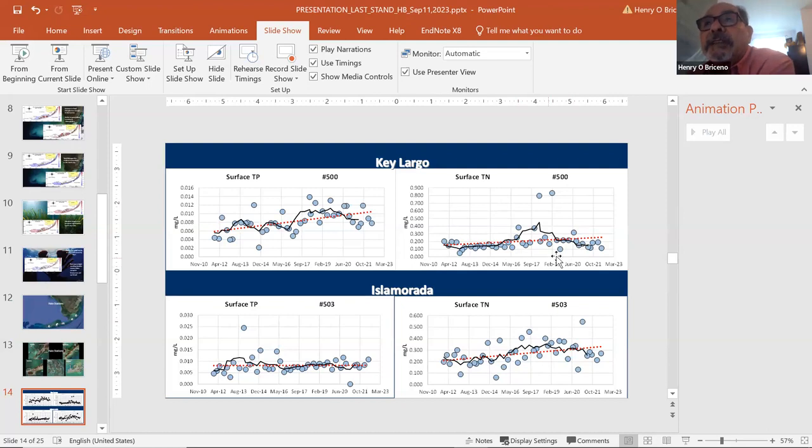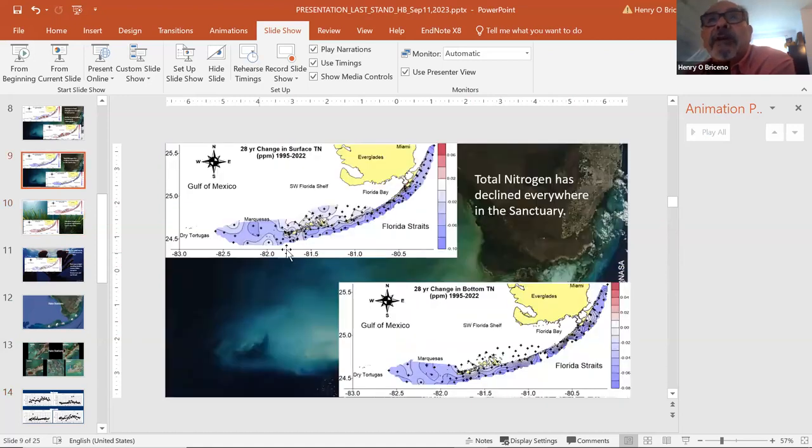So we have increases very close to shore, but in general, the areas, region-wise, are not changing that much. You see some changes right there on the islands, but along the reef track and Marquesas and the backcountry, there's not that much change. See what I mean? So the changes and the impacts are mostly very close to shore.